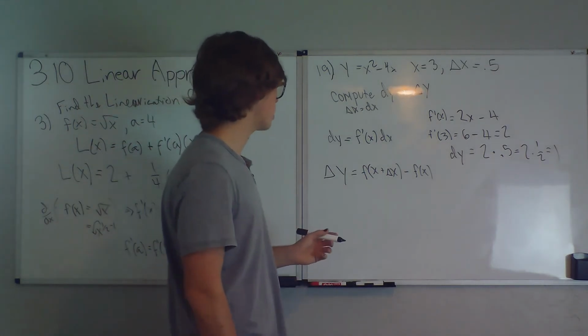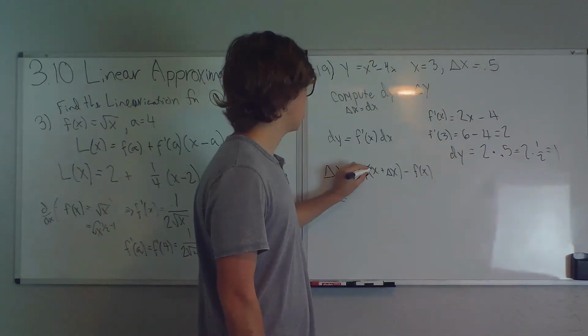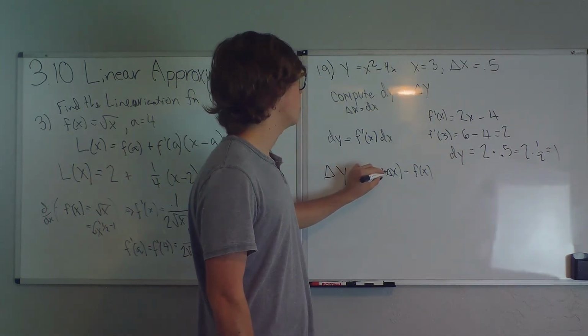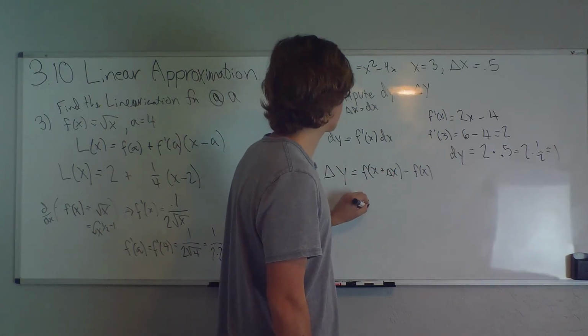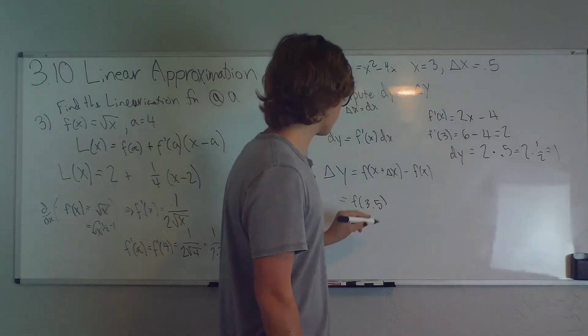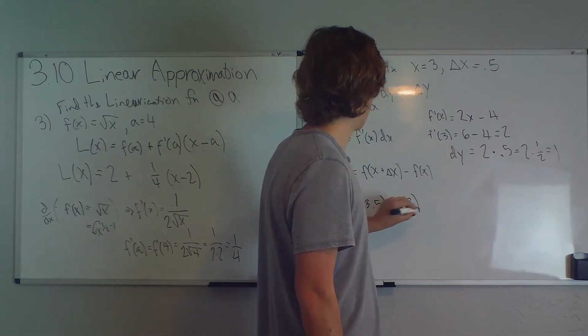Now, we have to find our delta y. What's our delta y? Well, this is equal to f of x plus delta x, which is just f of 3.5, minus f of 3. Okay?